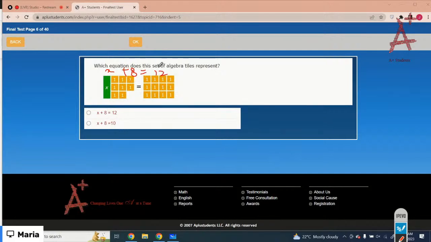It would be x plus 8 equals 12. Got it? Equation number one is the correct option: x plus 8 equals 12. Got it? So just select the correct option and click on the OK button.